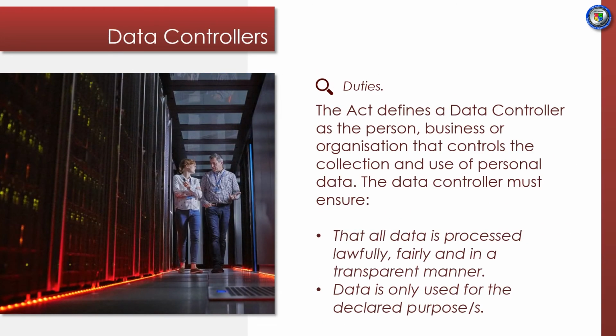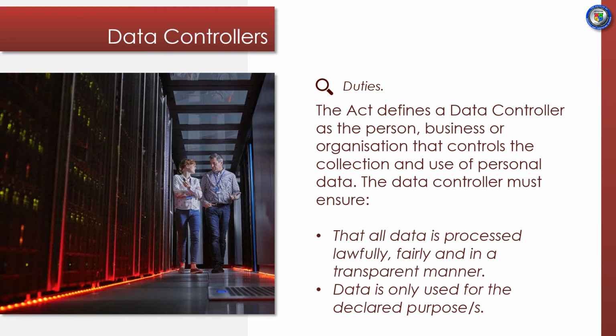The second group of people defined by the GDPR are data controllers. A data controller is a person, business or organisation that can control the collection and use of personal data. They have certain duties and responsibilities. Some of these are that all data is processed lawfully, fairly, and in a transparent manner.